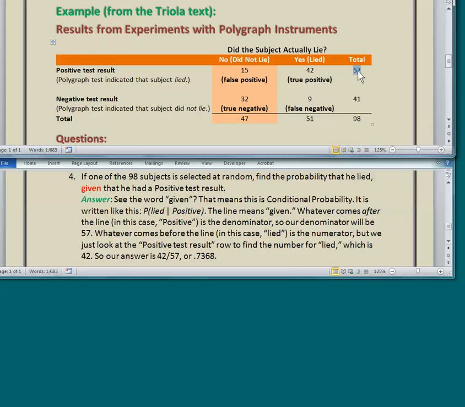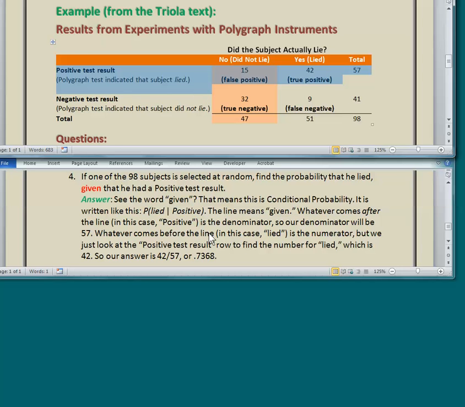Then what happens is, once we have decided what goes after the line, it's like everything else disappears. I'm not going to make it disappear, but it's like all we can see now is this, because positive came after the line. The whole negative test result thing, it's like it wasn't even here. Okay? Keep that in mind.